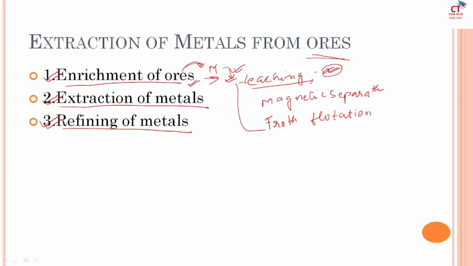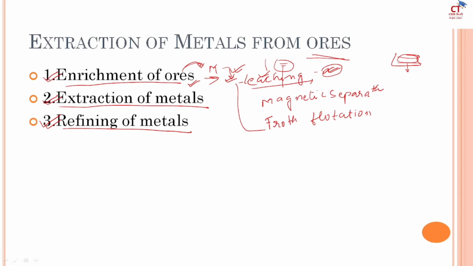So we carry out various methods so this gangue can be separated. First is leaching, where we make the ore soluble and the gangue insoluble. As a result, the insoluble gangue will settle down. This is the container. Gangue settles down and in the upper part we get the ore.